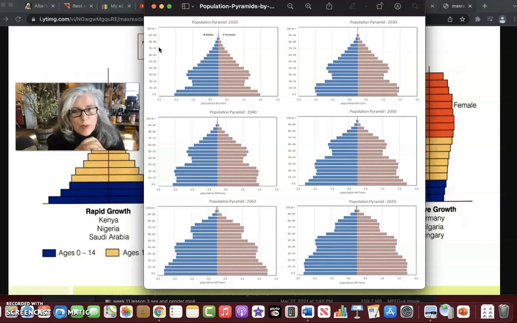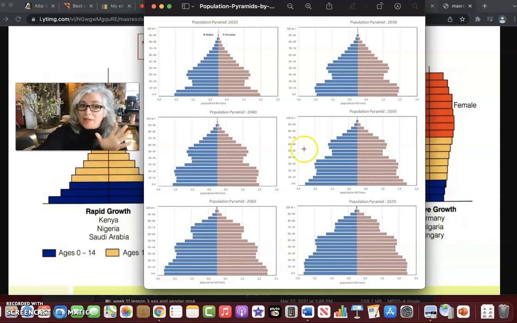So those 5-year spans. So in 2020, here's the expectation, 2030, 2040, 2050. What's happening especially to the base of the pyramid here is you see an expanding population with these amounts of people expected by the year 2070.